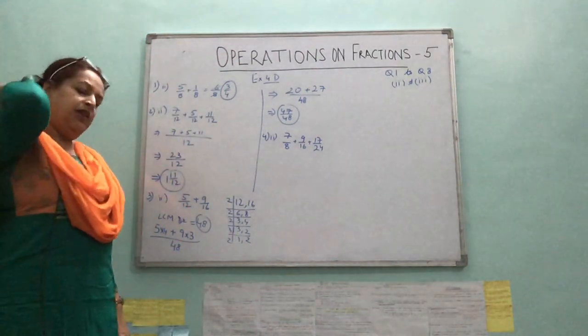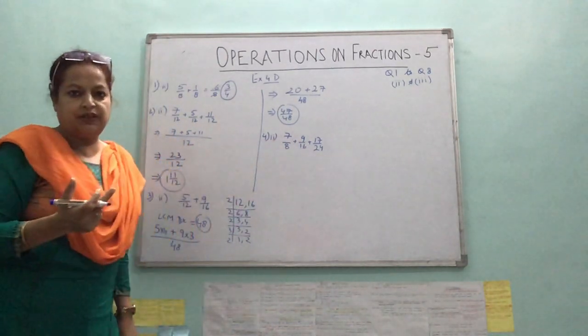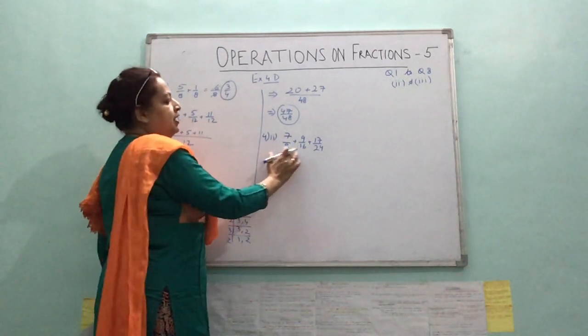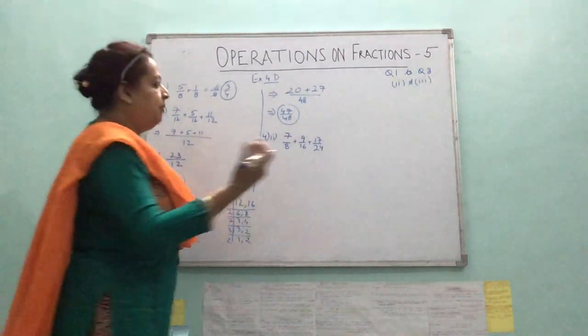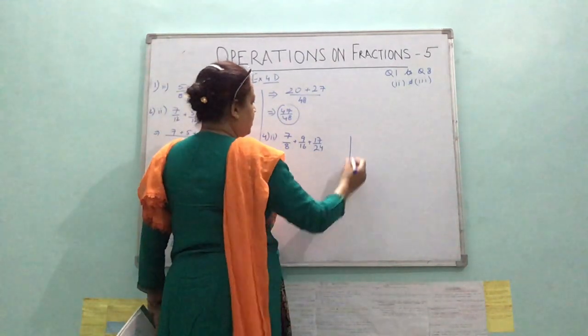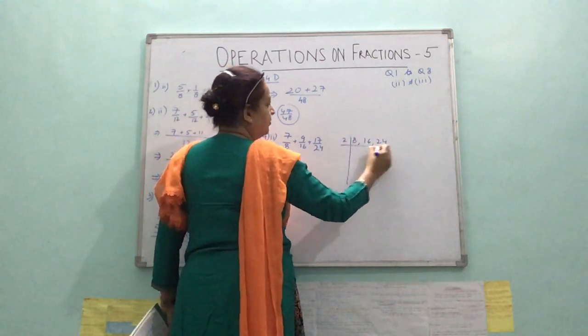Tables of 24 might be difficult, but if you just see 24, 2 times is so easy, 48. And 48 is a multiple of these also. So I know that we can make it out. But let's do the working of finding the LCM of the denominators by the common division method.